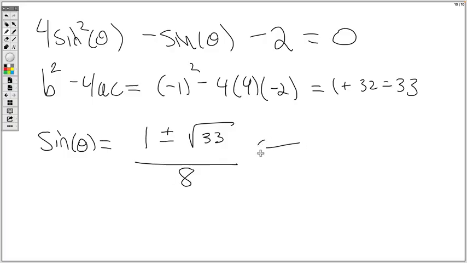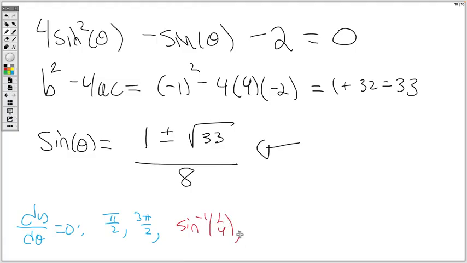Now the question is, do any of those angles match the angles we got from dy d theta? Because from dy d theta equals 0, we got pi over 2, we got 3 pi over 2, we got the inverse sine of a quarter, and pi minus that.